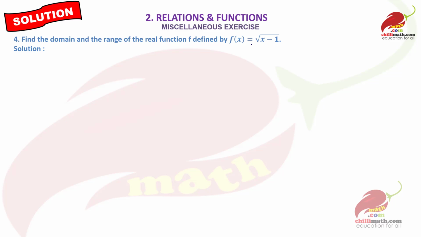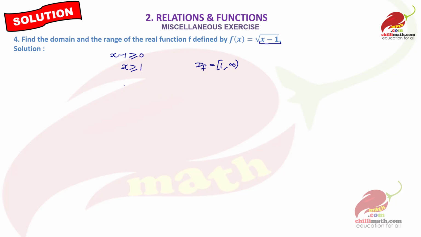It cannot be infinity because in the denominator there is nothing, but it can be imaginary if the expression inside the square root is negative. So to find the domain, this x minus 1 should be positive, that is x should be greater than or equal to 1. So our domain is 1 to infinity.